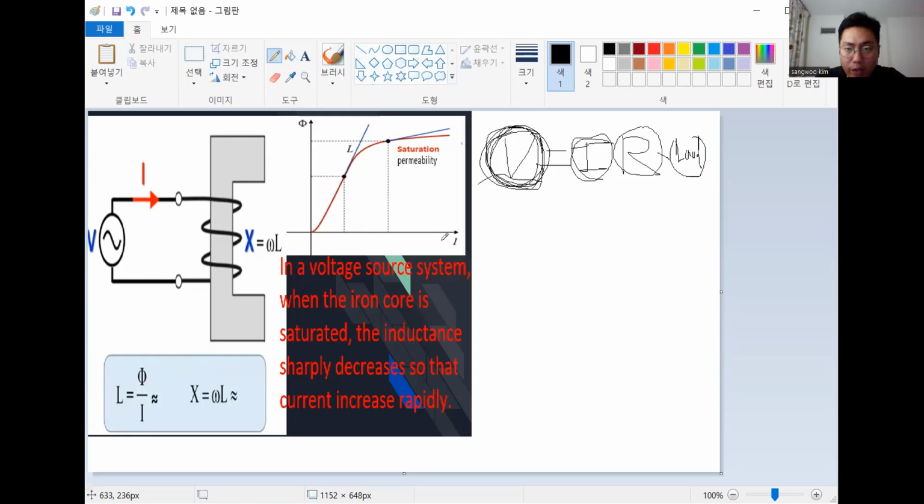Look at that. At first, here was H, and here was B, right? This was the magnetic flux density. Density means, look at that, this is the steel core, and inside this space it is how much flux is coming through.